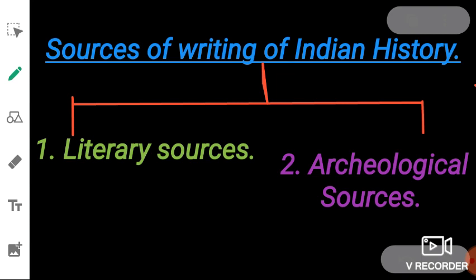These are mainly written sources, and this is known as literary. Literary means of literature, means written.